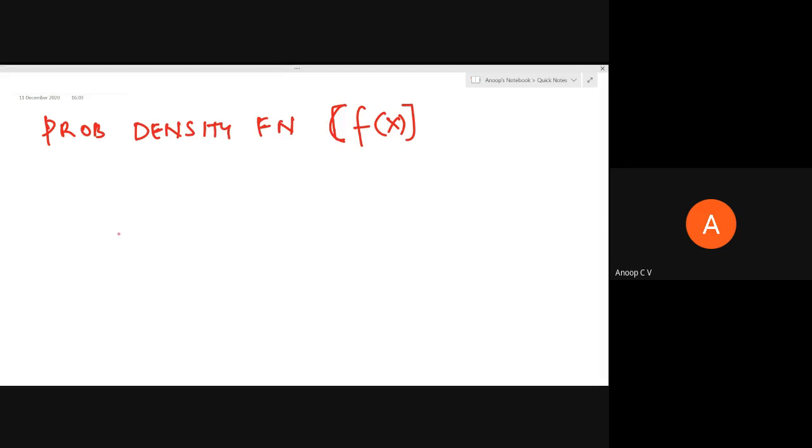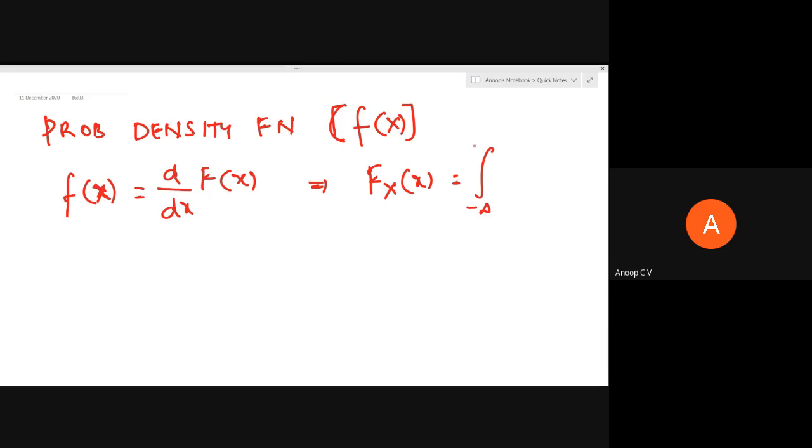Small f of x will be equal to d by dx of capital F of x, that is, the derivative of capital F of x. In other words, capital F of x will be the integral from minus infinity to x of f of x dx. So this is the density function.